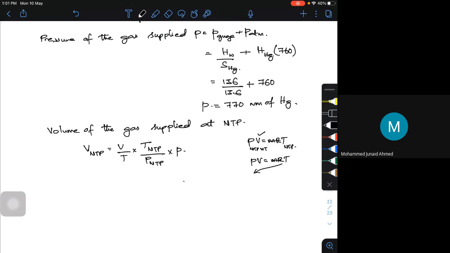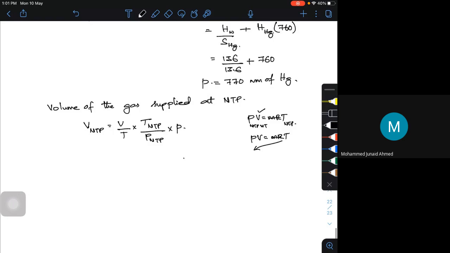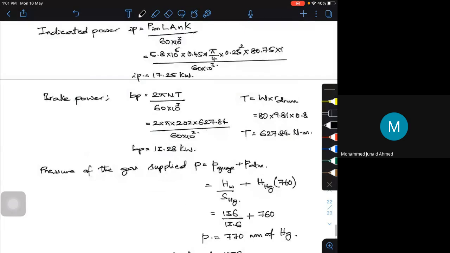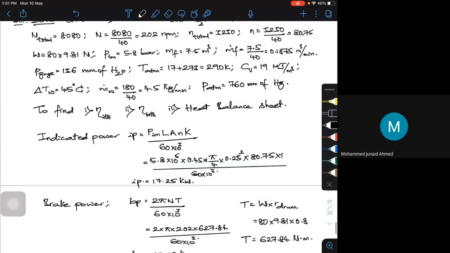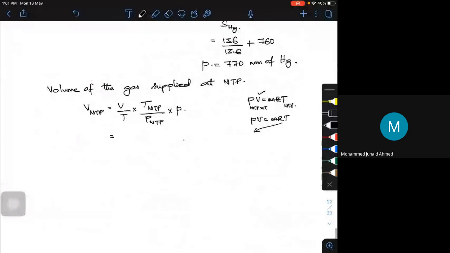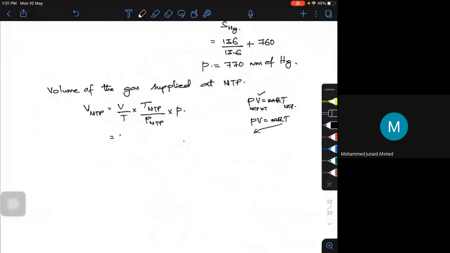So volume of the gas at NTP is equal to, what is the volume of the gas they are supplying? The mass of fuel supplied is 7.5 kg per second, that is 7.5 divided by 40, which is 0.1875.